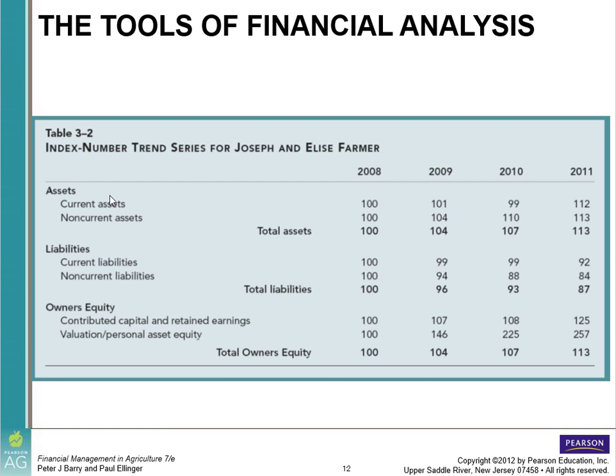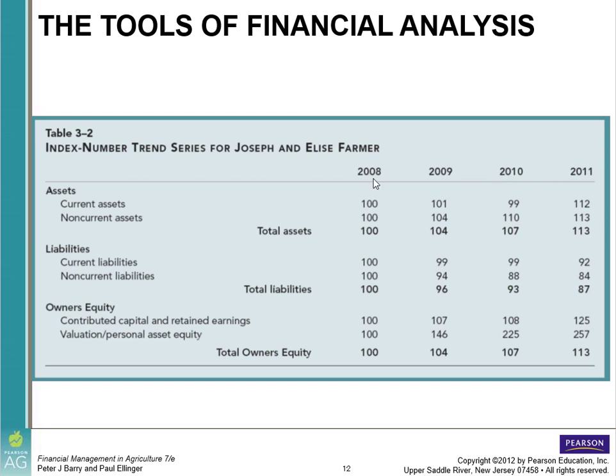So then let's take a look at this table. And in this table, you can pretty much clearly see how 2008 is considered your base year, okay, and here you have, let's say, two people, Joseph and Elise, but 2008 is considered the base year. Then you can see what happened in 2009, 2010, 2011, okay? Relative to 2008, your total assets grew by 4%.